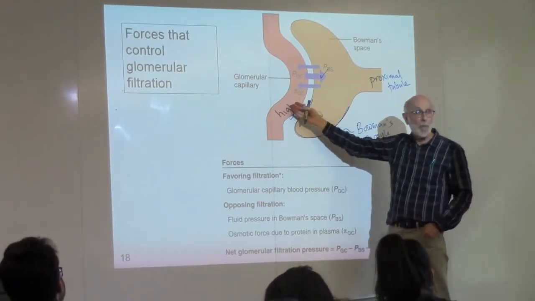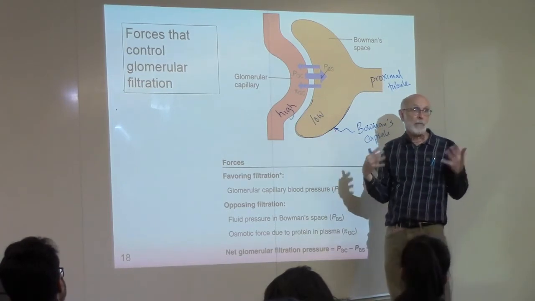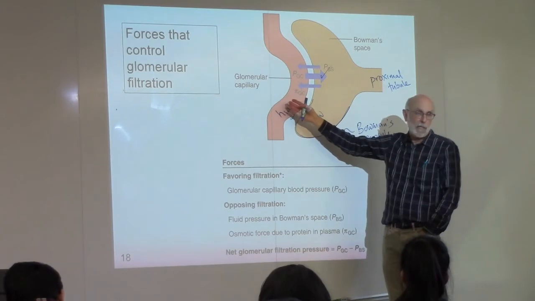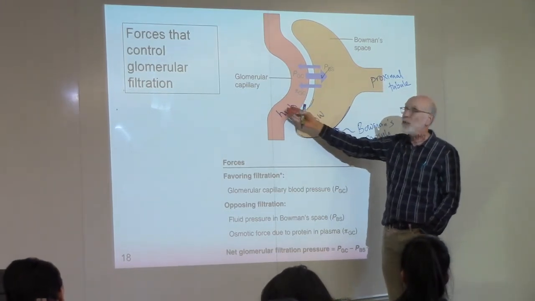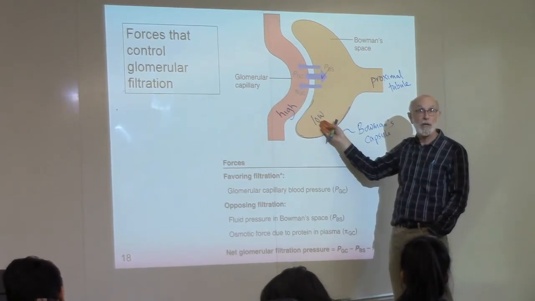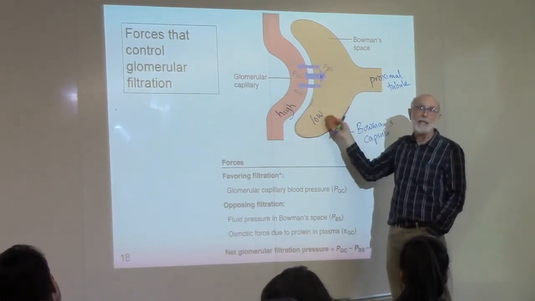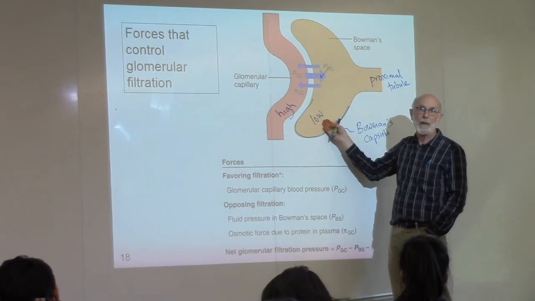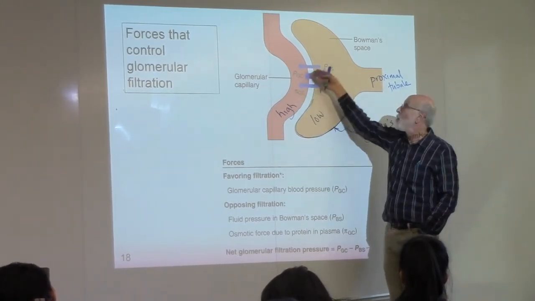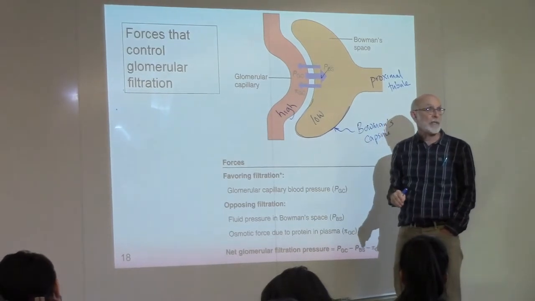Albumin is a protein, it's dissolved in water, so it's a solute. The concentration of solute here is higher than here because albumin stayed here and didn't go there. So now we have osmotic forces counteracting hydrostatic forces.